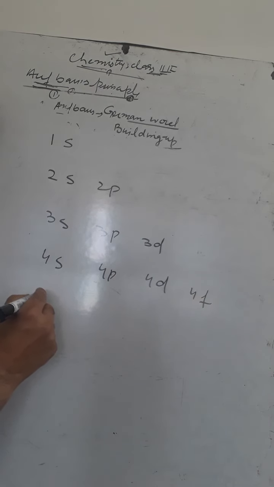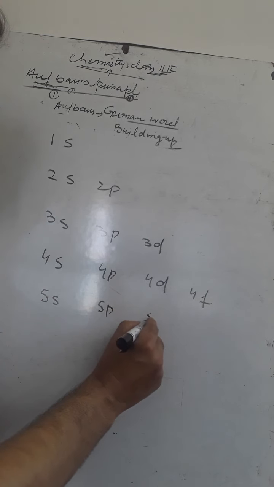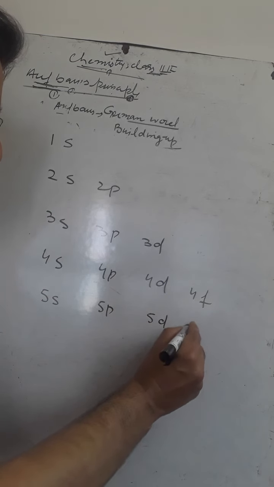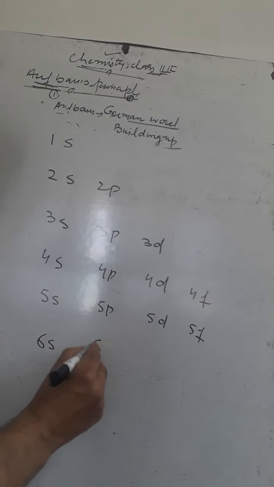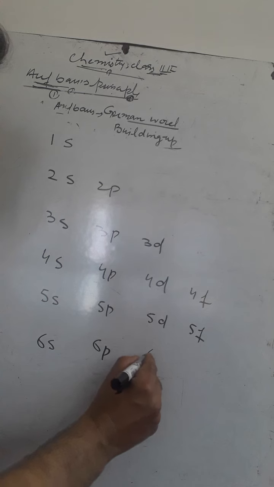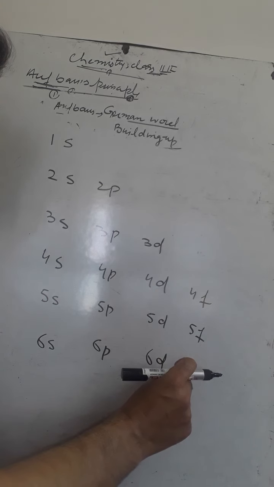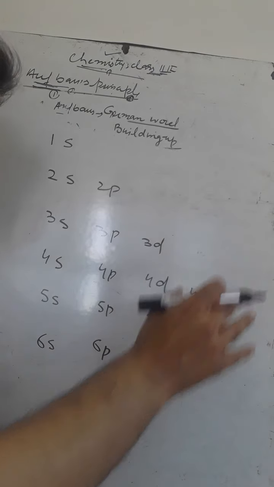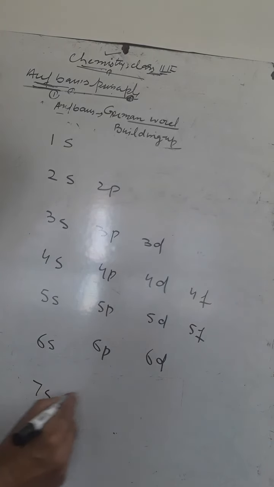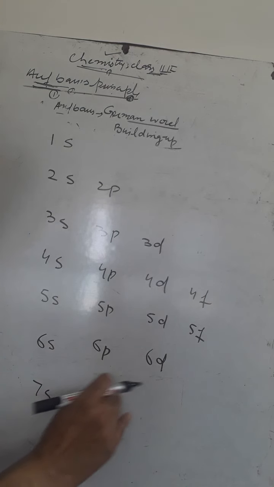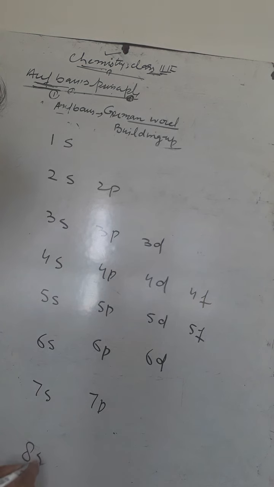Then we have 5s, 5p, 5d, 5f, then we have 6s, 6p, 6d. Don't write 5f, because I have to write them in the order of energies for that purpose. Then we have 7s, then 7p, then 7d, then we have 8s, isn't it?